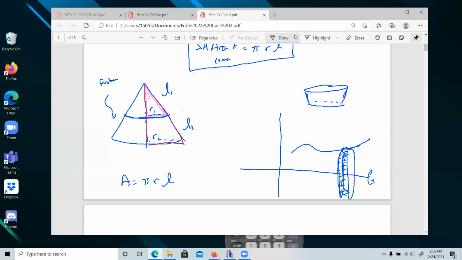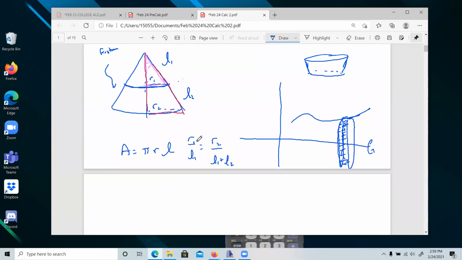So by similar triangles, the sine of this angle is equal to the sine of that angle. Because L1 plus L2 would be the whole hypotenuse, R2 would be the opposite side in this case, and for the little triangle we'd have R1 over L1. So all we're saying is that the sine of this angle equals the sine of this angle. Sine of theta equals sine theta. That's similar triangles.